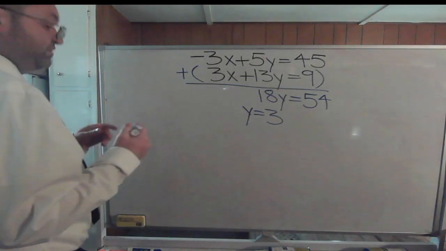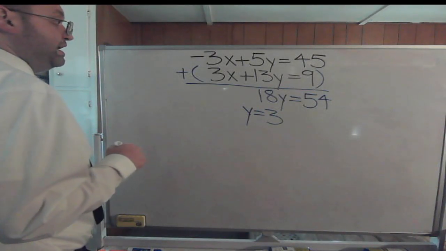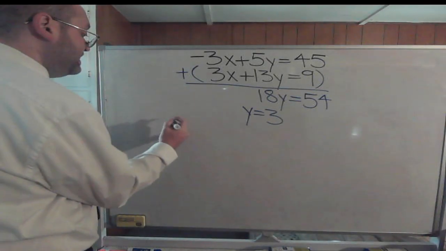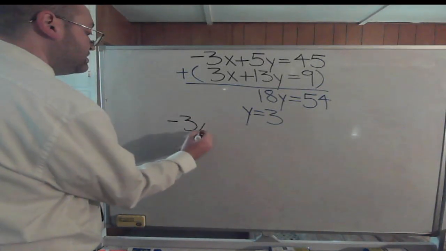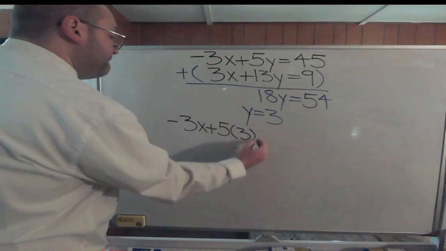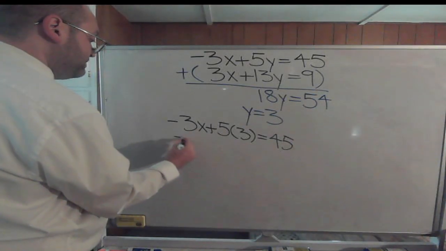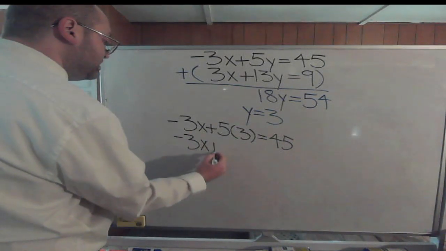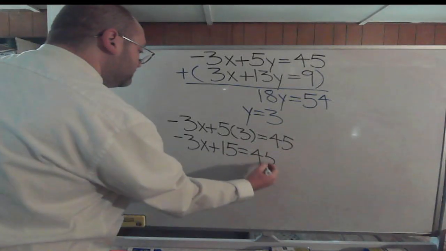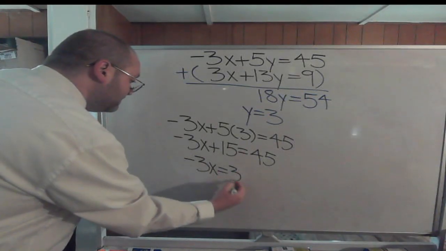Now all you're going to have to do to find the x coordinate is put your y value into one of these equations. I'm going to go with negative 3x plus 5 times 3 equals 45, which means I'll get negative 3x plus 15 equals 45, which would give me negative 3x equals 30.